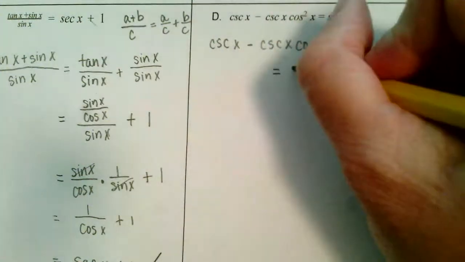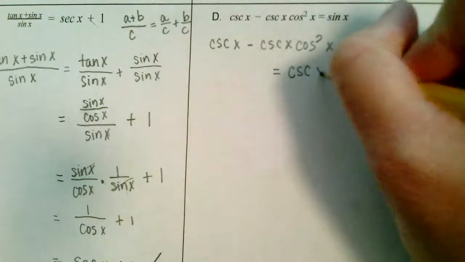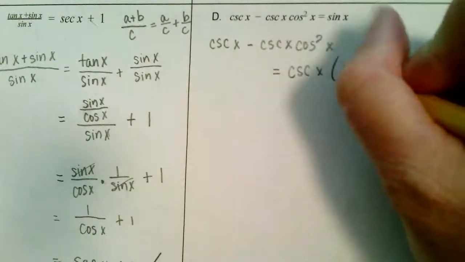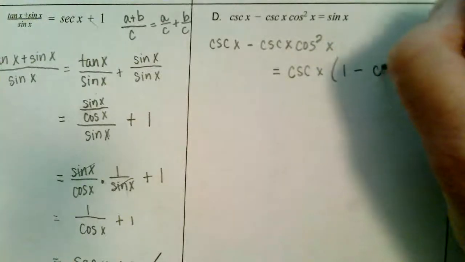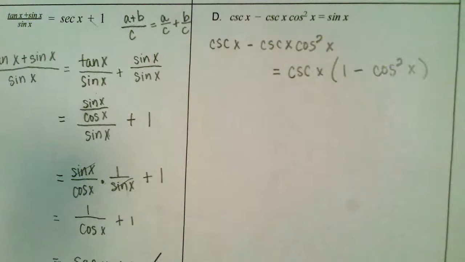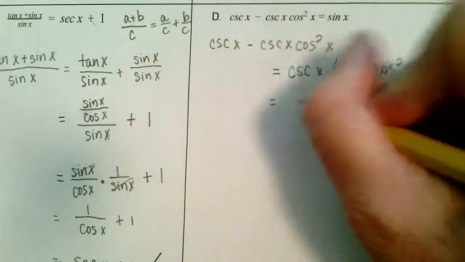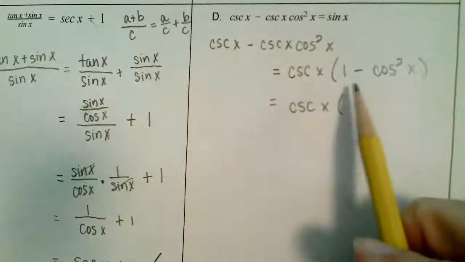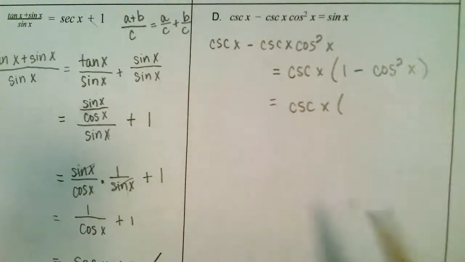So I am going to factor out that cosecant. And I end up with the cosecant, I would need to do 1 minus cosine squared of x. So I get the cosecant of x, and then 1 minus cosine squared of x.